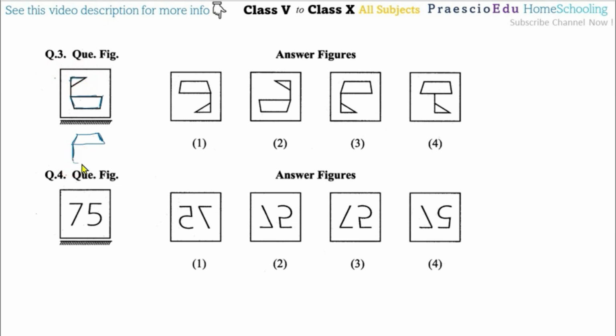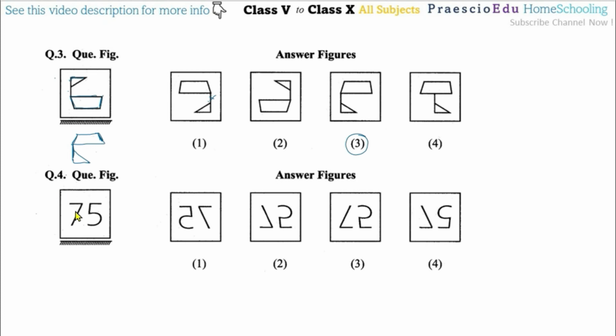So here it will be like this. Okay, and this image is given in option number 3. The other options are not related to this figure, because the right and left sides have also changed. So always remember right and left side. Okay, in water images, the left-hand side stays toward the left and the right side toward the right.